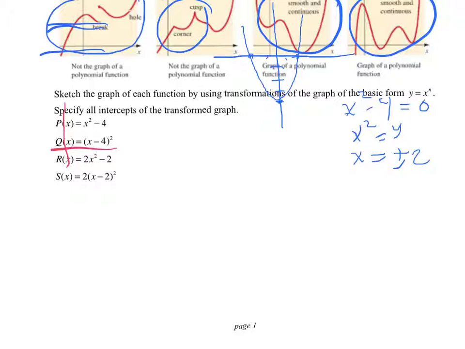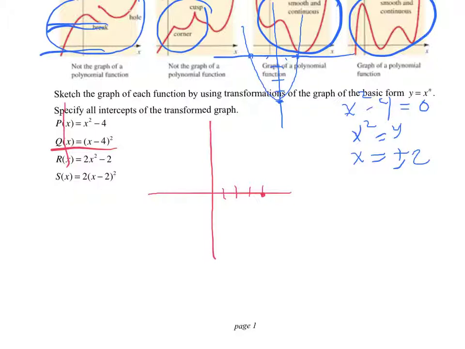So this one is a shift in which direction? Well, x minus 4 is 0 if x equals 4. So it's a shift to the right, 1, 2, 3, 4 units. So we've changed the x-intercept. Instead of 0, 0, we have 4, 0. That's when x minus 4 squared equals 0.